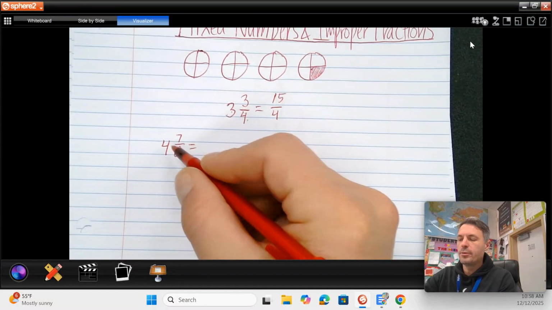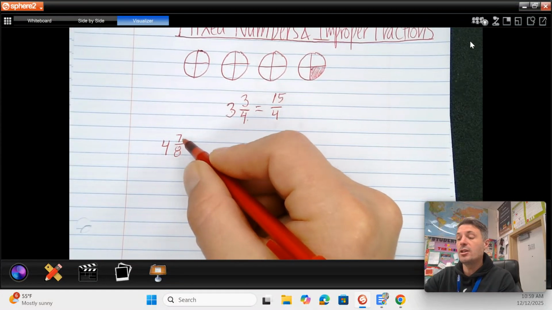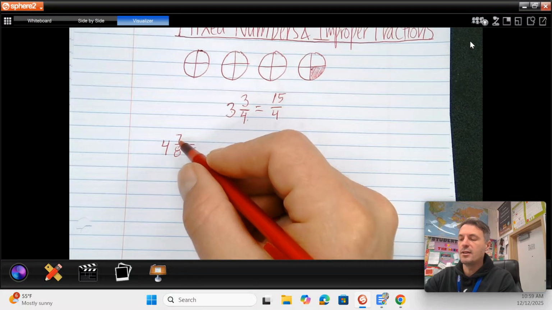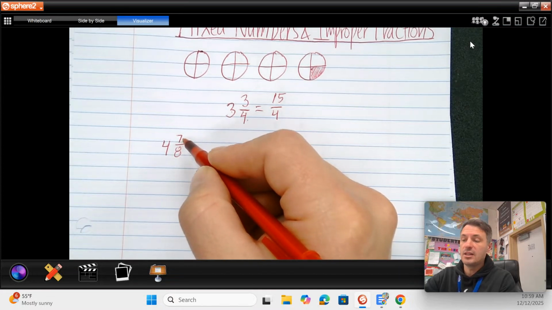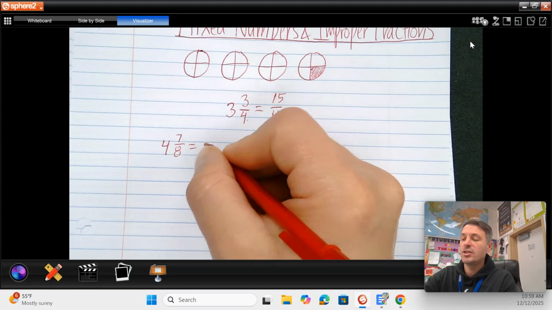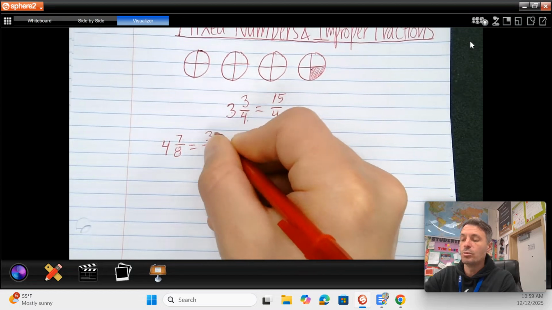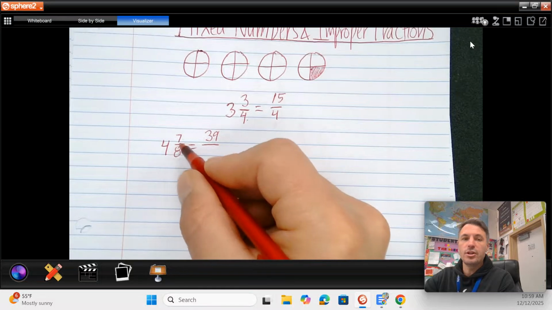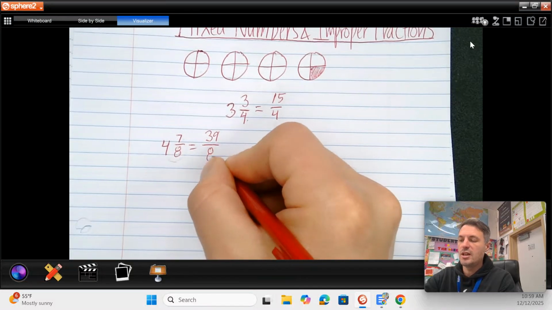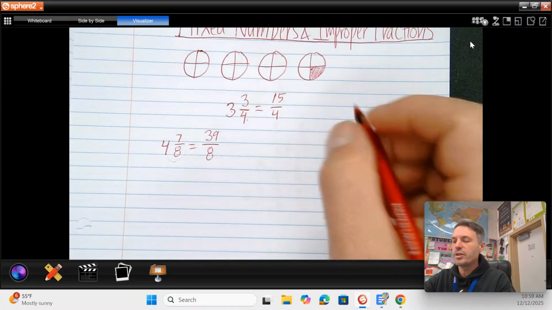You do the whole number times the denominator, and then you add the numerator to that. So you do 4 times 8, that's 32. Then you add 7 to that. What's 32 plus 7? It's 39. That's your new numerator. And then for the denominator, it's whatever the denominator here already is. So it's 39/8.